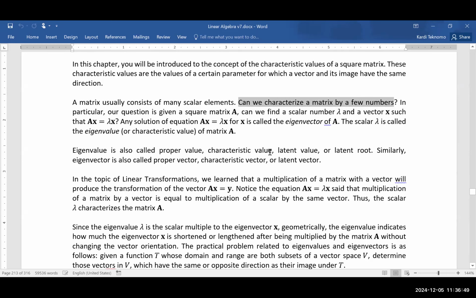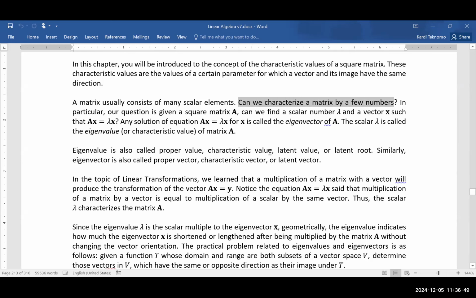Any solution of this equation is called eigenvector. x is the eigenvector, and lambda is called eigenvalue. There are many names: eigenvalue, sometimes we call it proper value, characteristic value, latent value, latent root. Eigenvector, sometimes we call it proper vector, characteristic vector, latent vector.